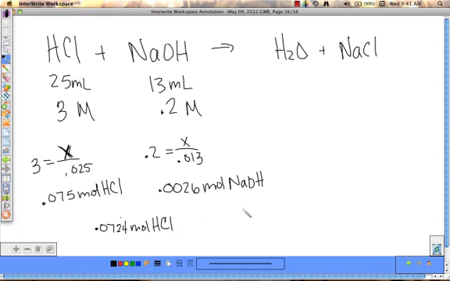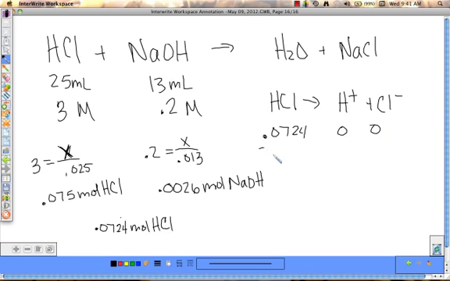So if we want to find the pH, HCl is a strong acid. So we have 0.0724. How many moles of hydrogen ions are we going to create then? X amount.